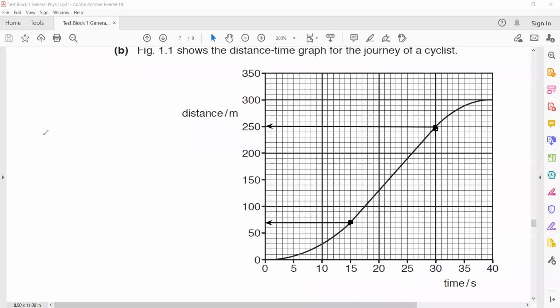So gradient is y2 minus y1 over x2 minus x1, or 250 minus 70 divided by 15.